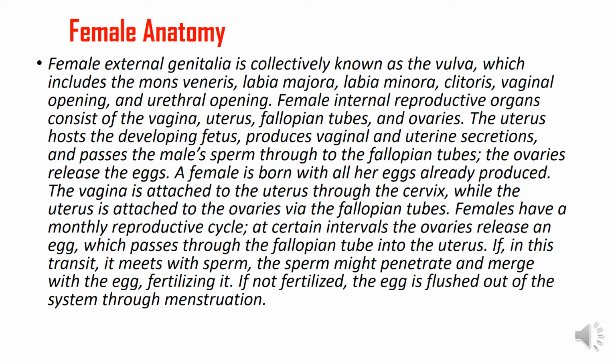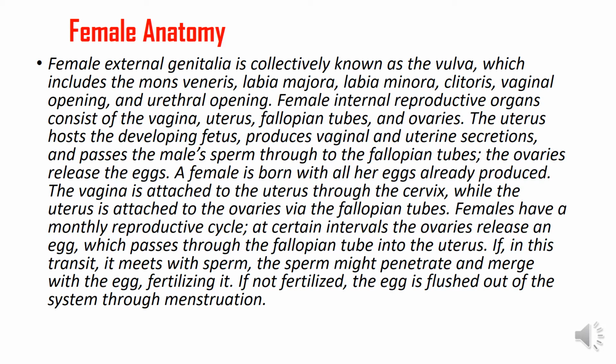Females have a monthly reproductive cycle. At certain intervals the ovaries release an egg, which passes through the fallopian tube into the uterus. If in this transit it meets with sperm, the sperm might penetrate and merge with the egg, fertilizing it.